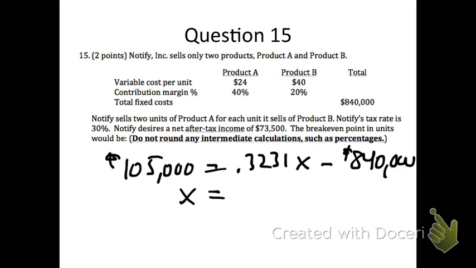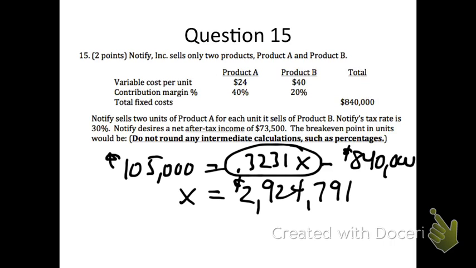If you hold the number in your calculator, you're going to get exactly, but let me calculate based on how we rounded it. If you round it, you get 2,924,791.